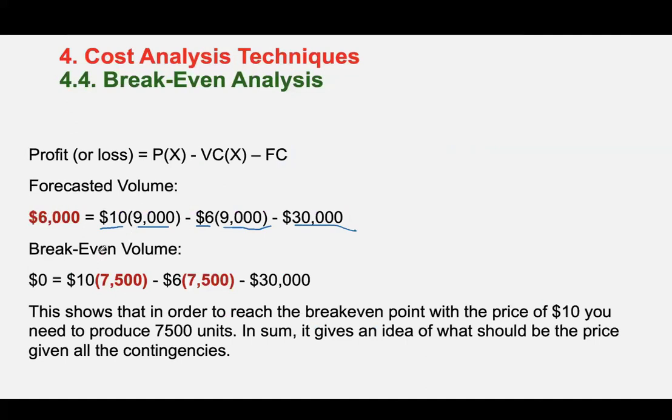And if you want to calculate break even, the point at which your profit will be zero, then the demand, or the amount that you will be producing, becomes 7,500. So at 7,500, your profit is zero. But when you are making 9,000, then you are making a profit of 6,000.